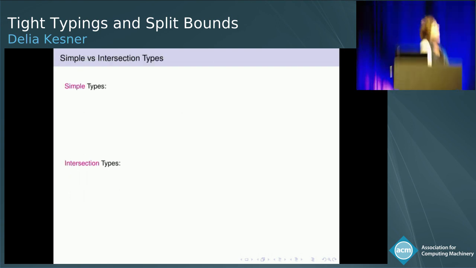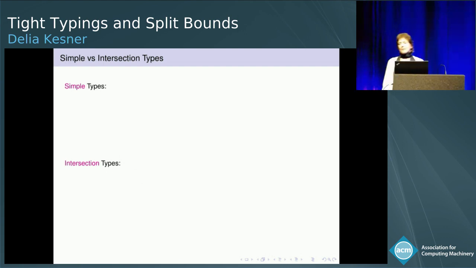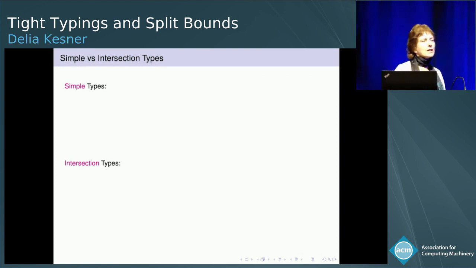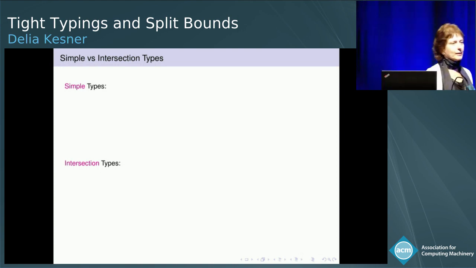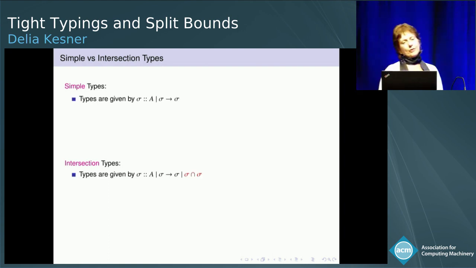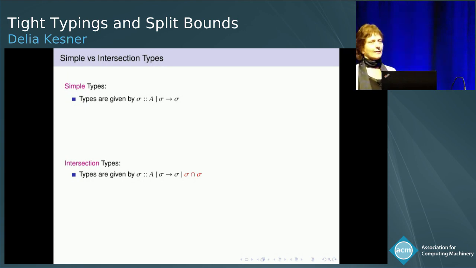In order to understand quantitative type systems, the starting point is to understand intersection types, because quantitative type systems are intersection type systems. And this can be explained in contraposition to simple types in this way. The first issue is that in simple type theory, you only have a functional operator to construct types.